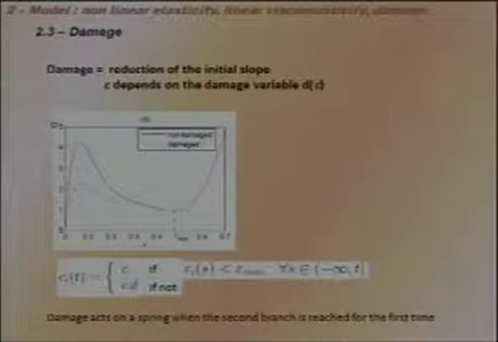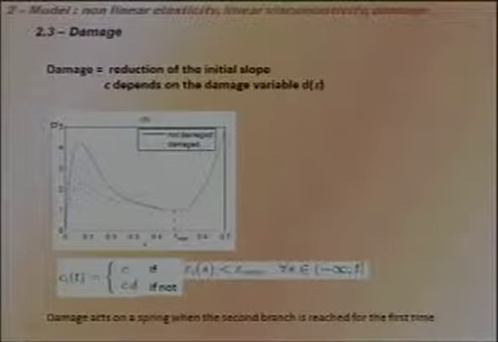So, the curve sigma versus epsilon with 2 values of the damage. Mainly these were the 3 ingredients we put in the model: nonlinear elasticity with non-convex energy, linear viscoelasticity, and damage. This has been, as I said, step by step, because at first we thought essentially about viscoelasticity, but it was not sufficient.